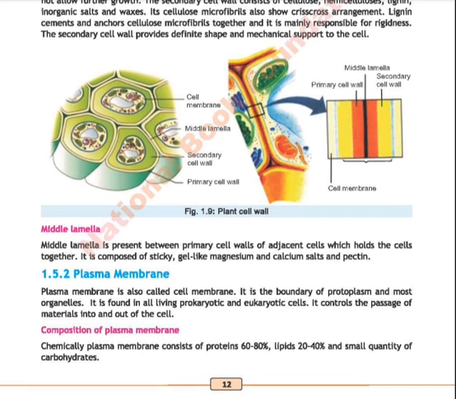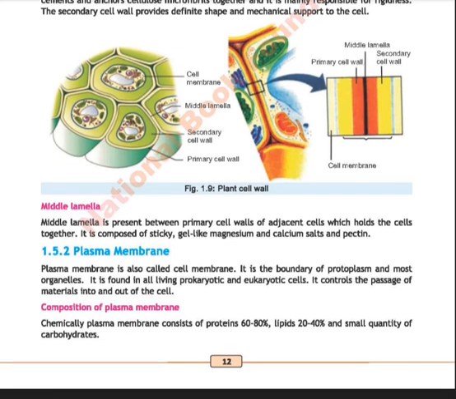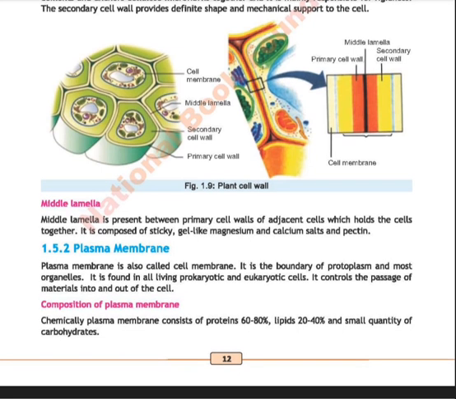Lignin cements and anchors cellulose microfibrils together, and it is mainly responsible for rigidity. The secondary cell wall provides definite shape and mechanical support to the cell.